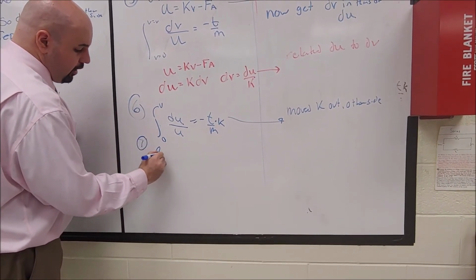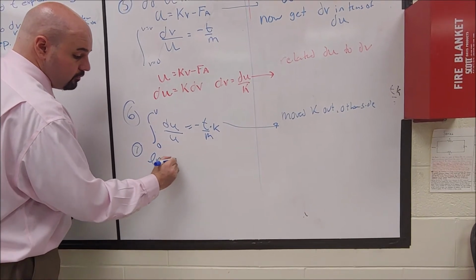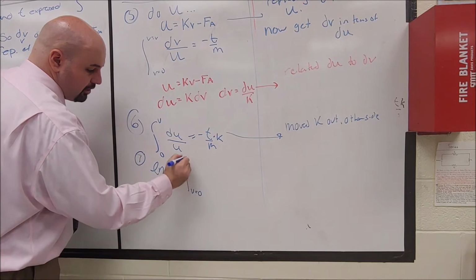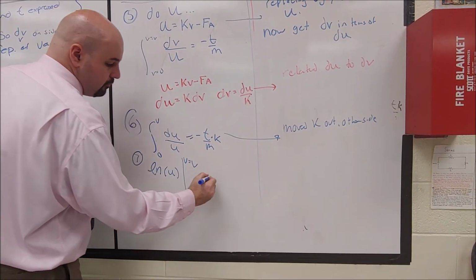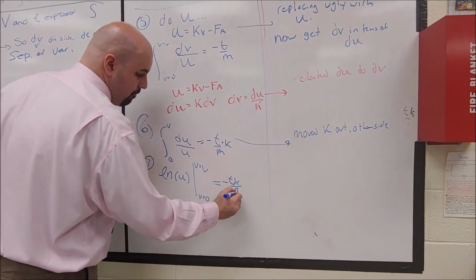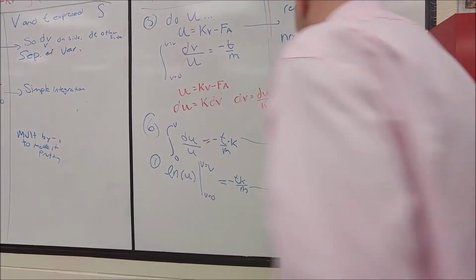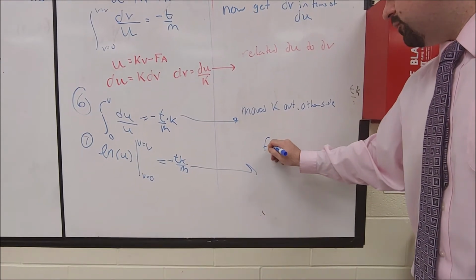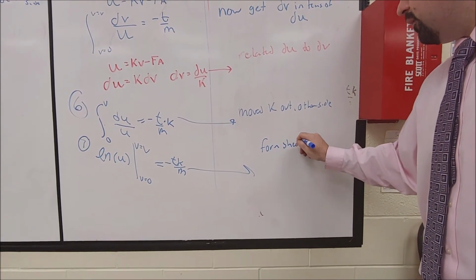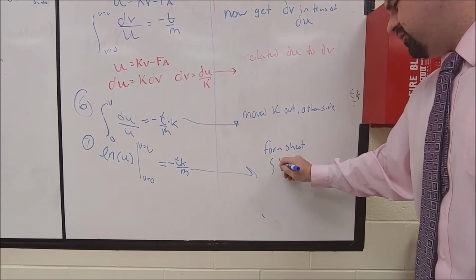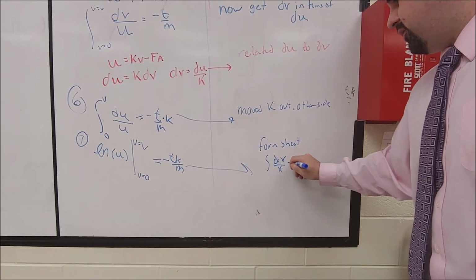So I get natural log of u, but my bounds go from v equals 0 to v equals v, equals negative tk over m. And this is the simple one, it's on your formula sheet: the integral of dx over x is natural log of x.